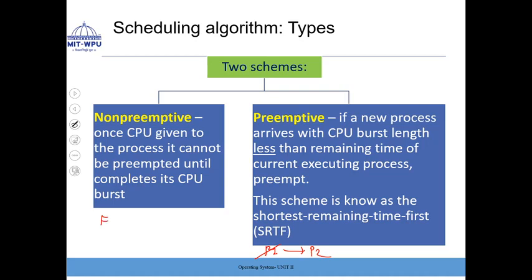We have already seen FCFS, which belongs to non-preemptive, so we do not preempt the process. FCFS and Shortest Job First are non-preemptive algorithms, whereas Round Robin, Priority scheduling, and the version of SJF, that is SRTF, are preemptive algorithms.